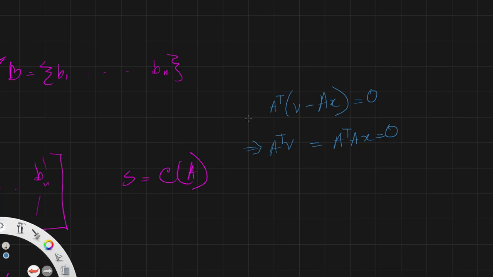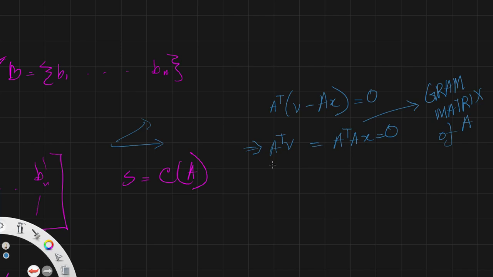Now, when we were doing projection for a single vector onto another single vector, A transpose A was a single number. Now A transpose A is a matrix, and this is called the Gram matrix of A. The Gram matrix of A is A transpose A. So now this is a matrix, and I cannot just divide it.